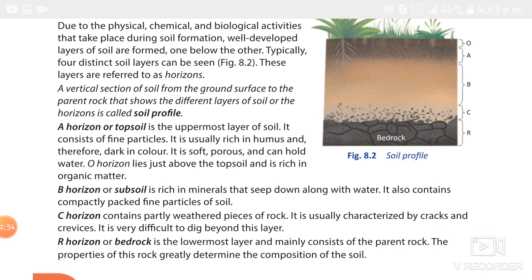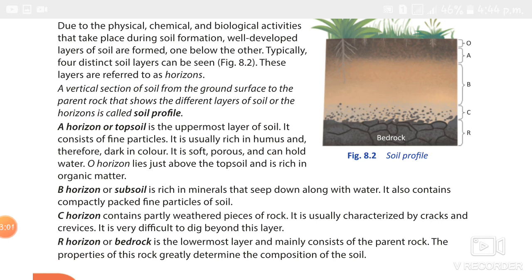Already we studied the lowermost layer, that is the bedrock, which has only rocks. So here we studied 4 layers: A horizon or topsoil, B horizon or subsoil, then the third one is C horizon, which has the parent rock, and the fourth one is R horizon or bedrock.